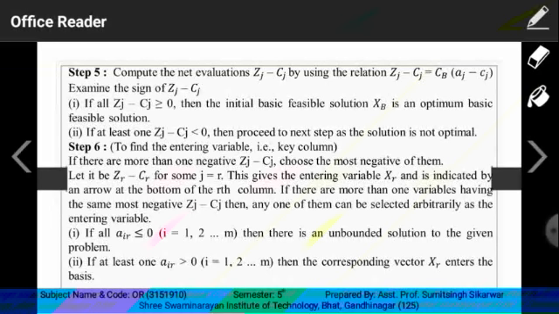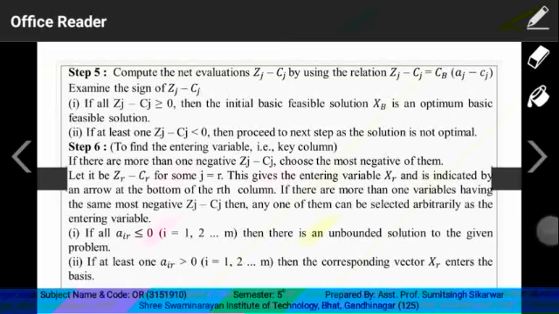The next step is to find the entering variable or key column and key row. If there is more than one negative Zj minus Cj available, choose the most negative of them. Let it be Zr minus Cr for the column j equal to r.